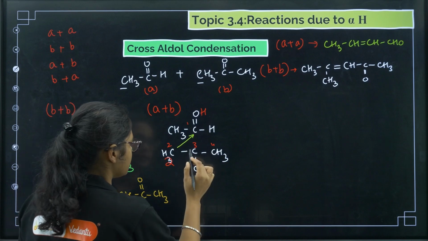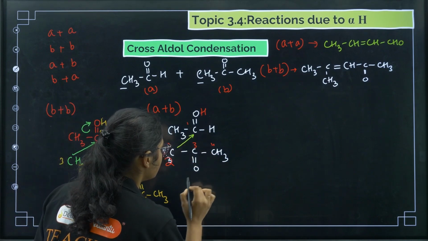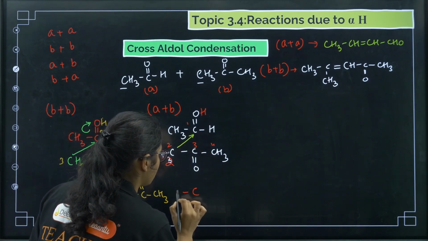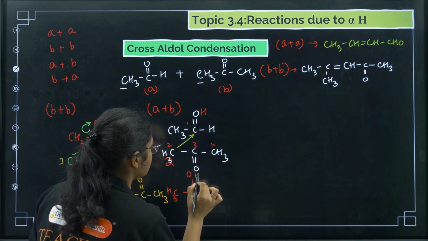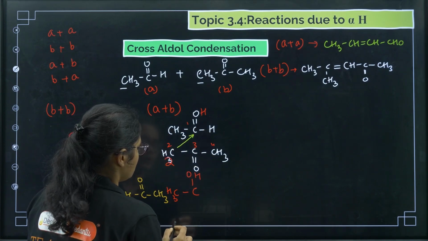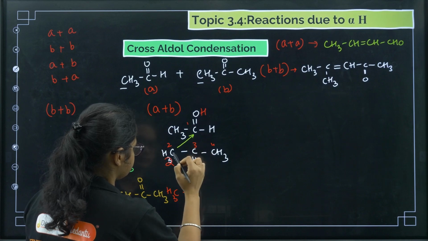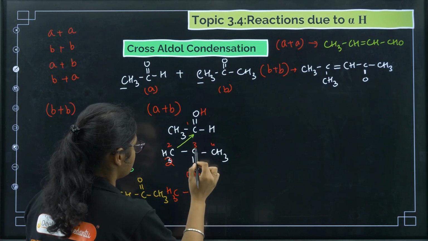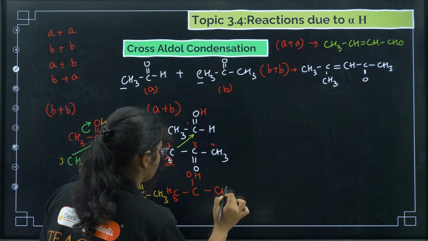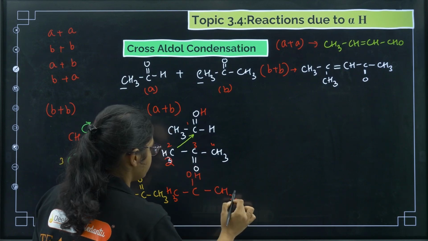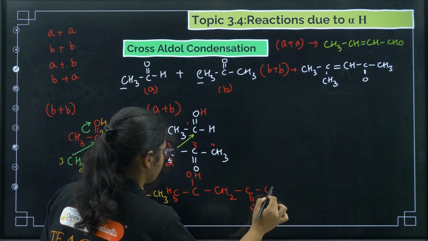So let us draw this one. First I have C, here one CH3 is there, this CH3 is there, then I have OH. Next to this carbon it is CH2. Then we have C=O and then I have CH3.